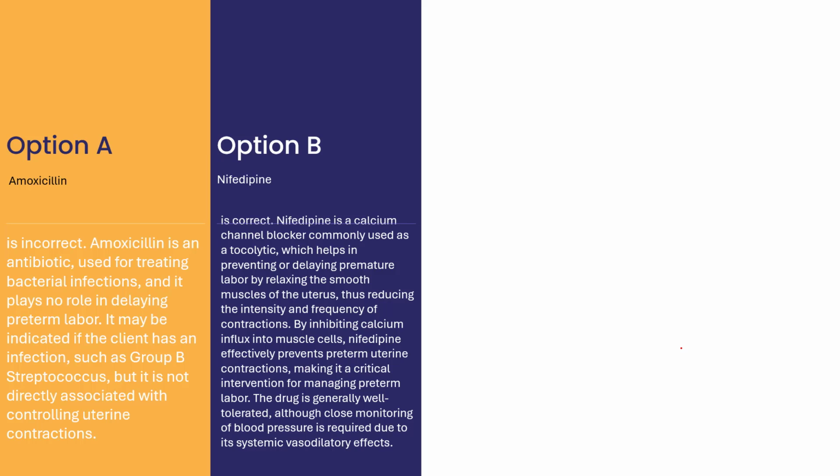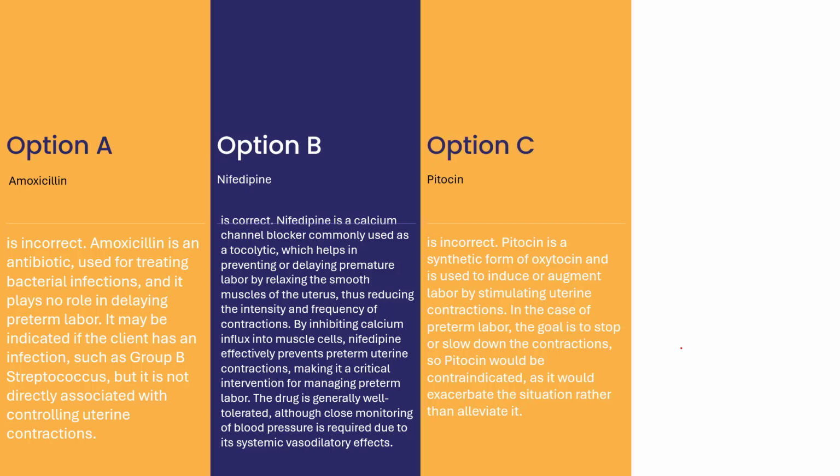C is incorrect. Pitocin is a synthetic form of oxytocin and is used to induce or augment labor by stimulating uterine contractions. In the case of preterm labor, the goal is to stop or slow down the contractions, so Pitocin would be contraindicated, as it would exacerbate the situation rather than alleviate it. D is incorrect.